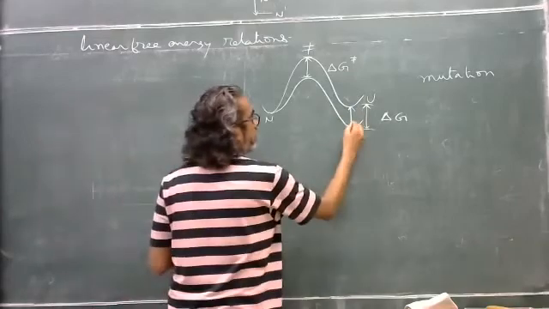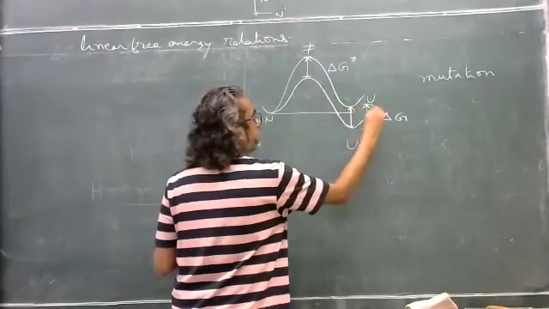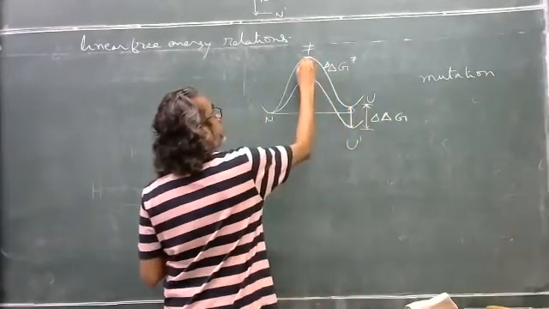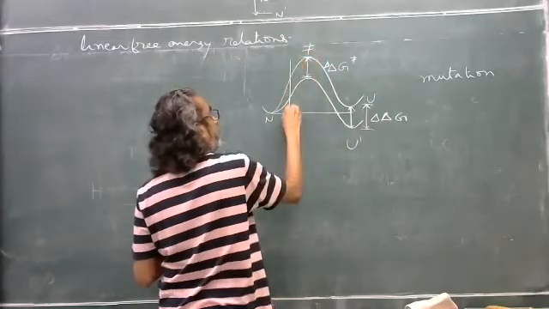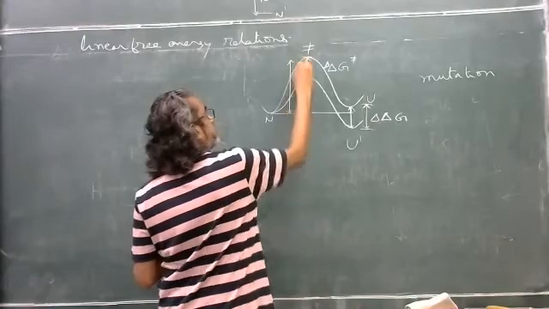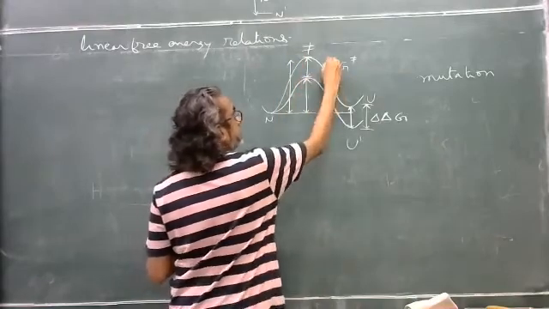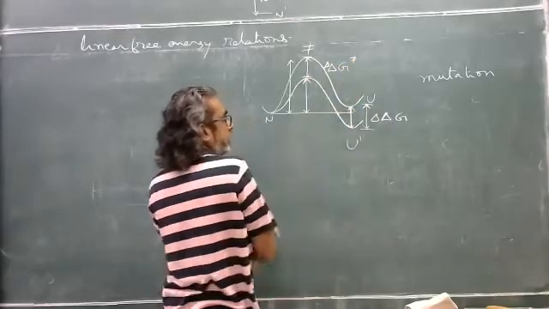This is the overall difference, but always with respect to this, so you put delta, meaning delta G is the difference between, let's say, one barrier is this and another barrier is this. The difference of these two barriers is delta G prime or delta G dagger.